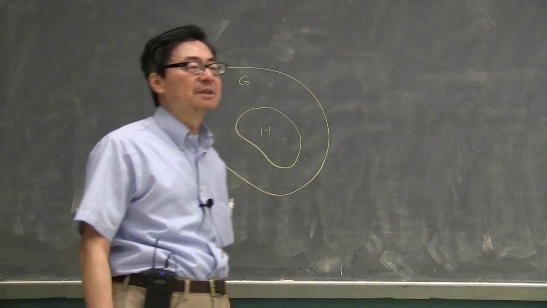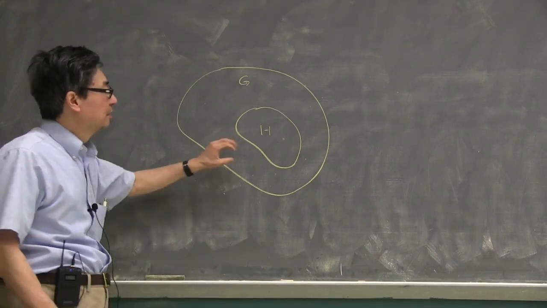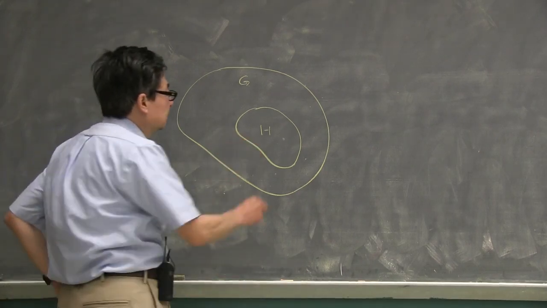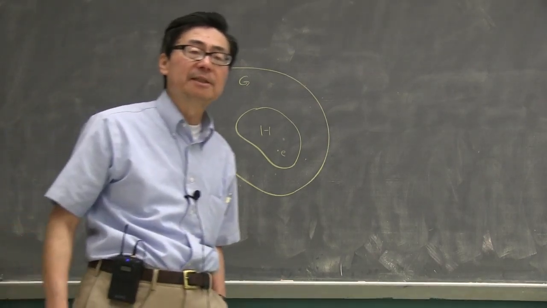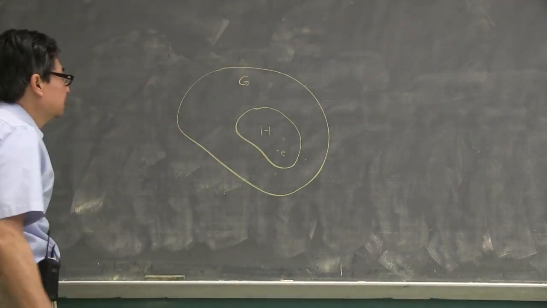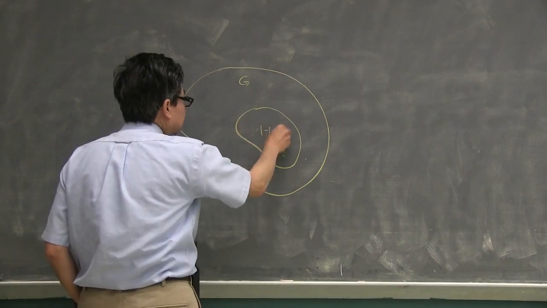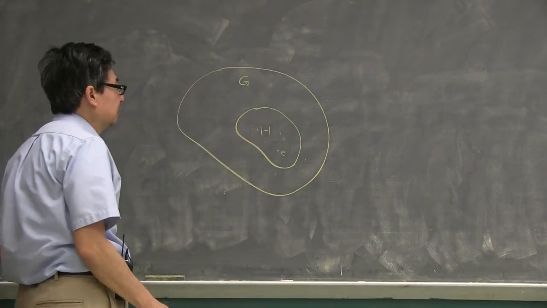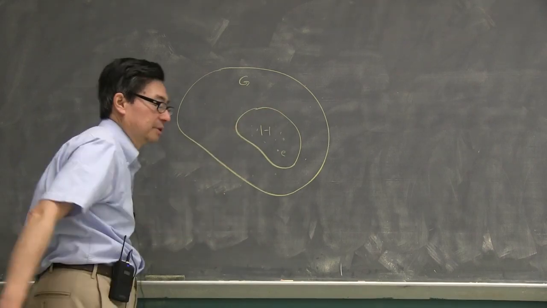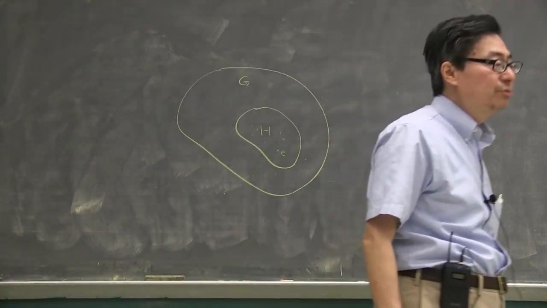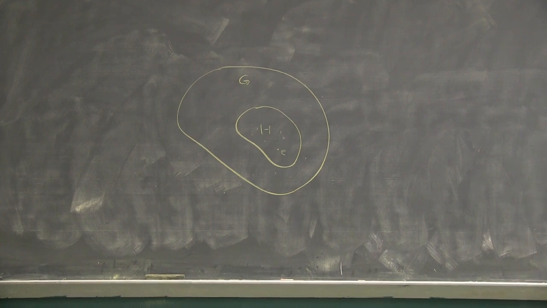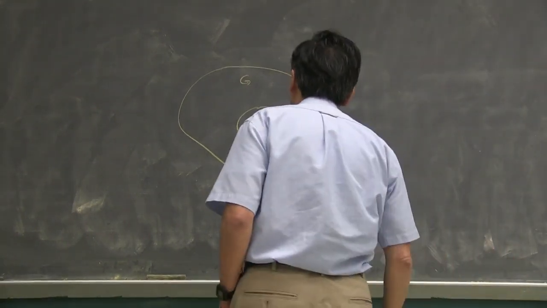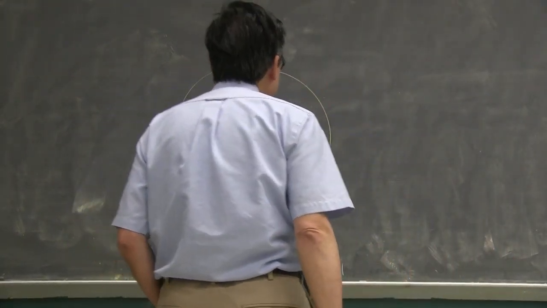It's smaller than G itself, and it is a group in its own right. As I said, this subgroup must contain the identity element of the entire group, as well as many other things, so that it is a subgroup, and obviously a subset of G. Now, the two trivial subgroups are the identity element E itself and, of course, the entire group.